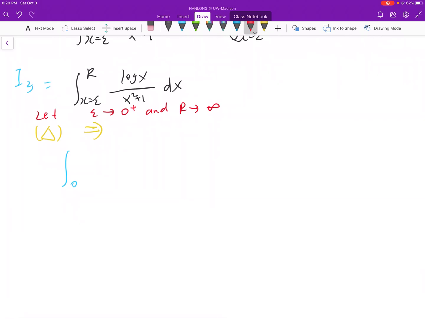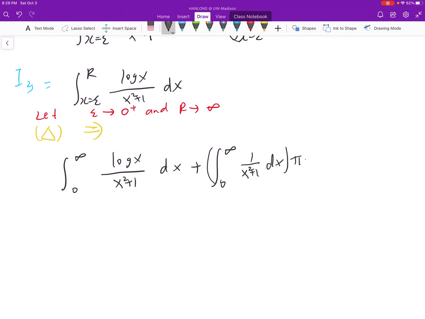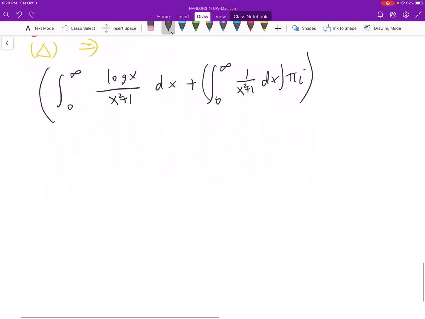Then delta implies that the integration from 0 to infinity of log x over x squared plus 1 dx, plus the integral from 0 to infinity of 1 over x squared plus 1 dx times pi i. So this is the limit of I1. And for I2, we already know it's 0.